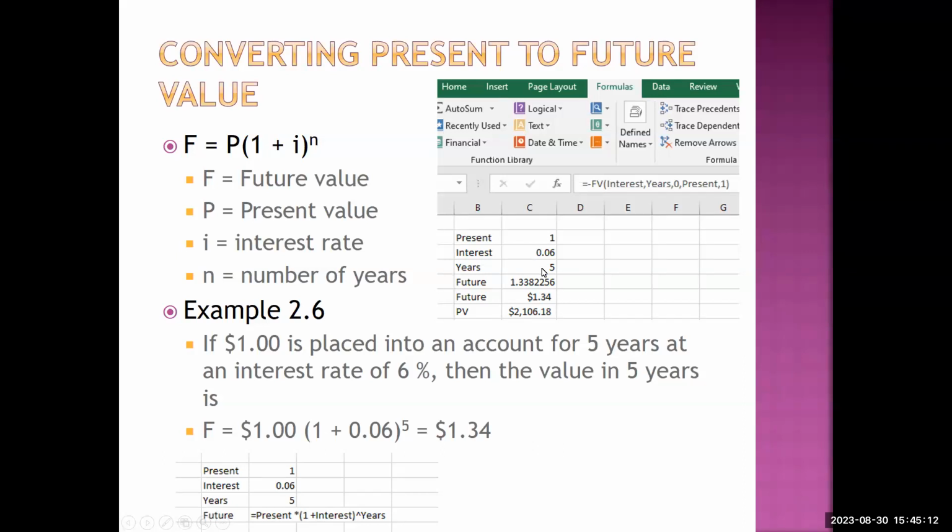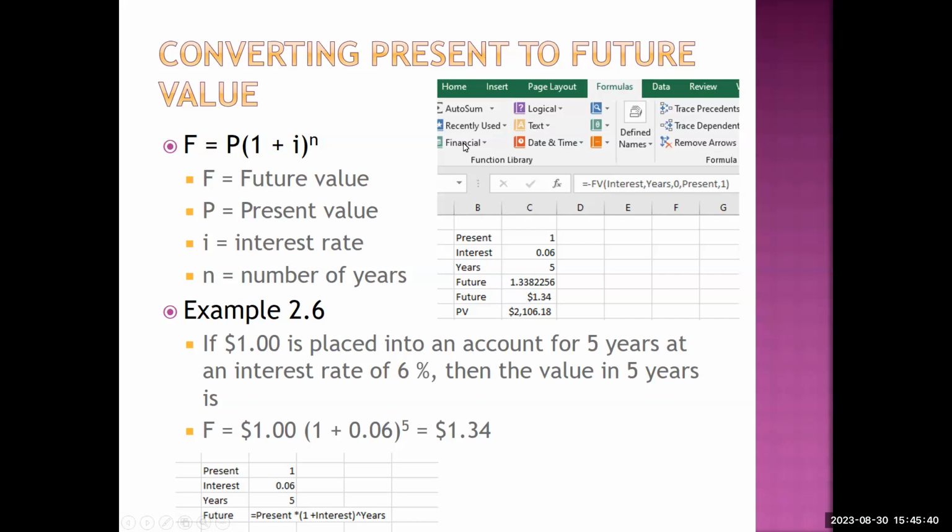Yeah, so I named my cells, and then in cell C5, I have my future value equation here. In cell C6, I have my future value function from the financial column under formulas, okay?